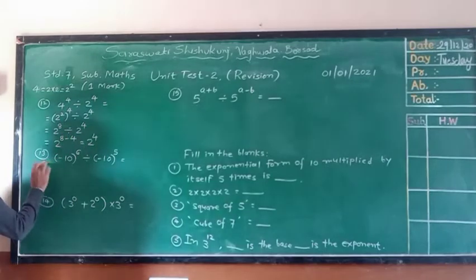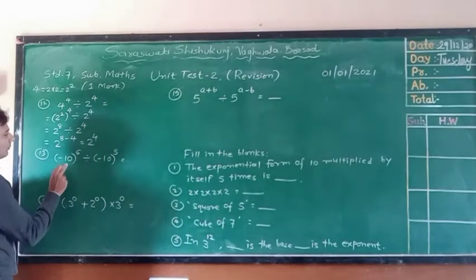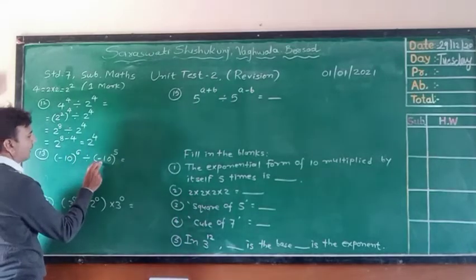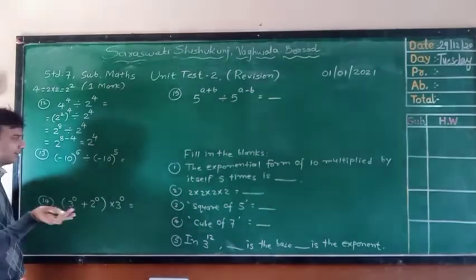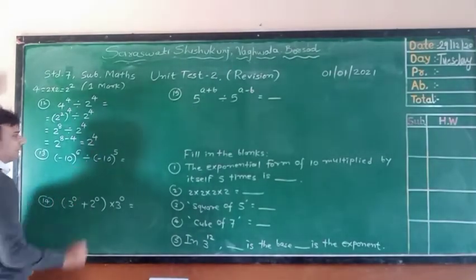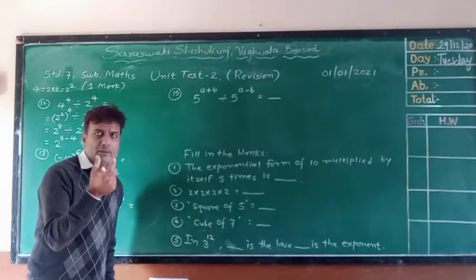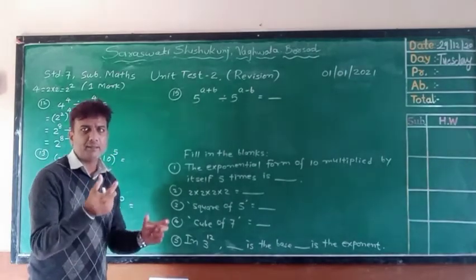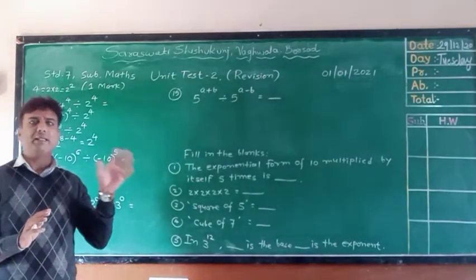Now see here. In this case, we can observe minus 10 raised to 6 divided by minus 10 raised to 5. Both bases are the same, so it is easy. And the sign is division. Same base, division, subtraction of their powers. If it is multiplication, then we have to do addition.